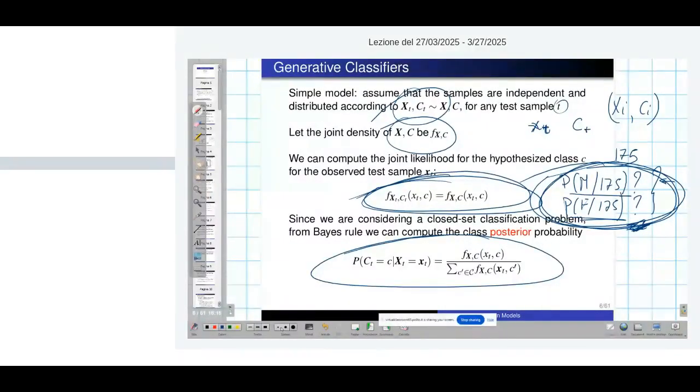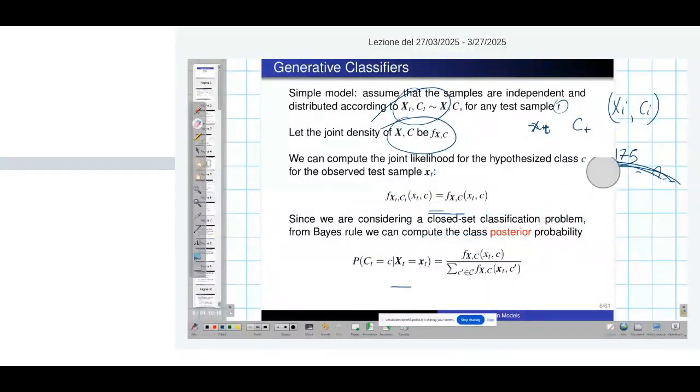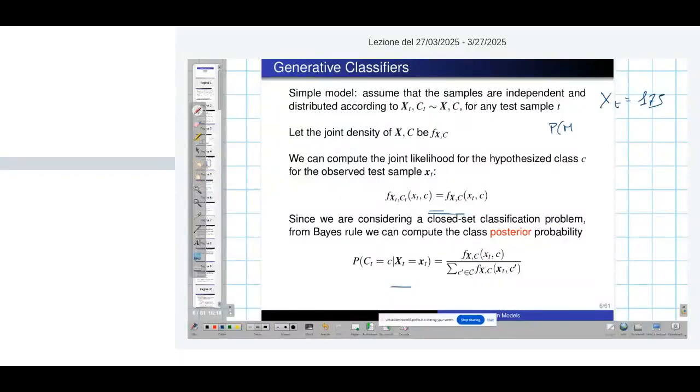Why? Well, again, what I know is the sample is 175 centimeters or whatever, the height of the suspect. Probability of male given 175 is the joint density for 175 and male divided by what?